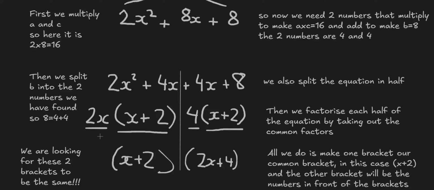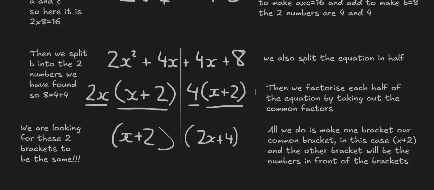Now, the most important point in all of this is that we are looking for these two brackets to be the same. If you come across a question where the two brackets are not the same, and there are further examples that you may try, then it's most likely to do with the arrangement of your splitting of b.